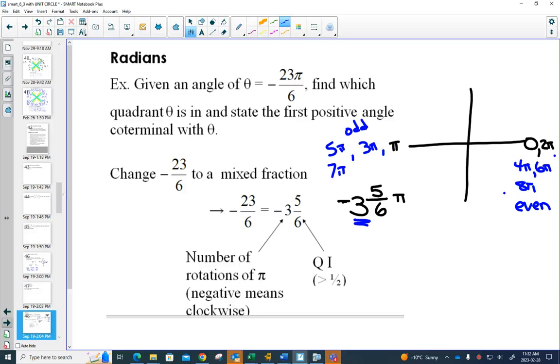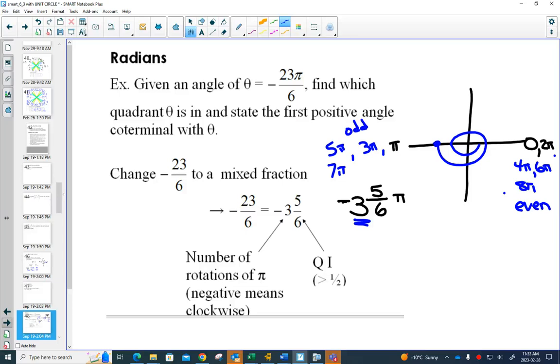negative 3 and 5/6 pi. Well, the negative would be saying I'm going in this direction for negative. This is 1 pi. This is 2 pi. This is 3 pi. I could draw it out. But if it's an odd number, you know that you're going to be on the negative x-axis. If it was negative 13, I wouldn't have to keep drawing it out.